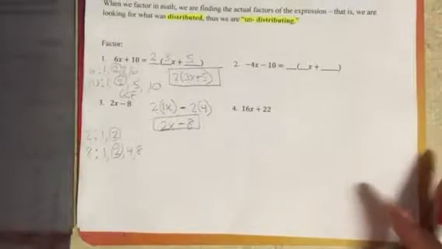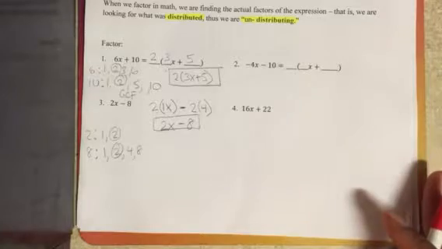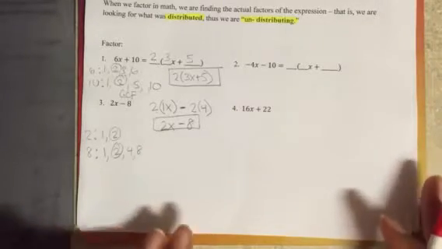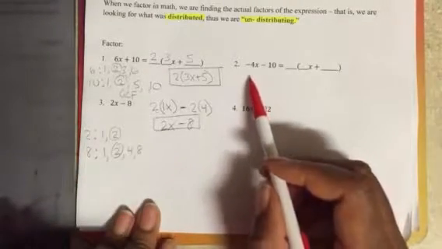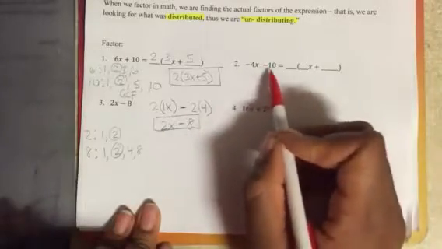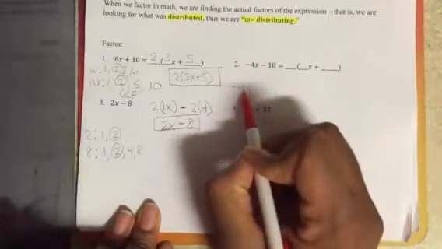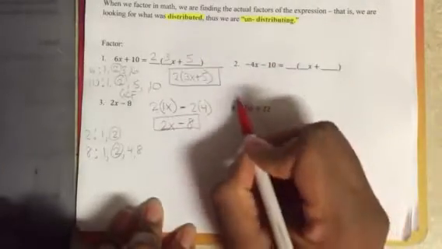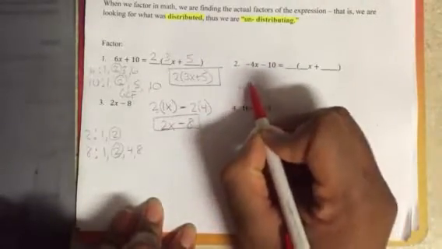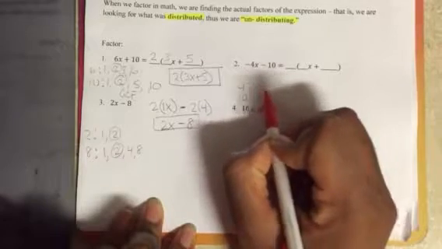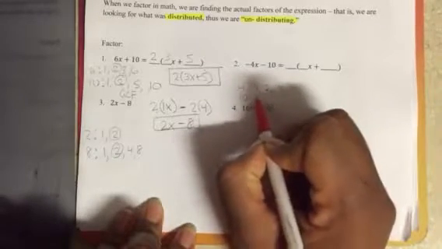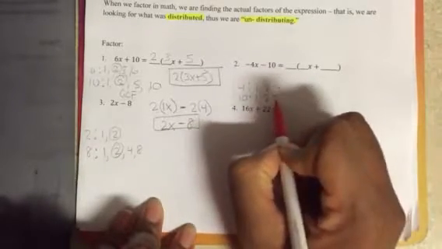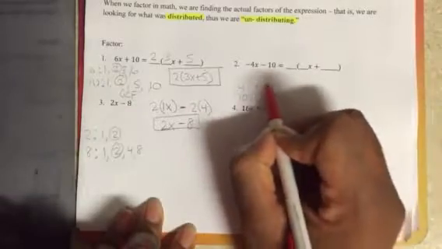Alright, I am going to do number 2. Number 2 says negative 4x subtract 10. I'm going to write out the factors of 4 and the factors of 10. So that's 1, 2, 4, and 1, 2, 5, 10.